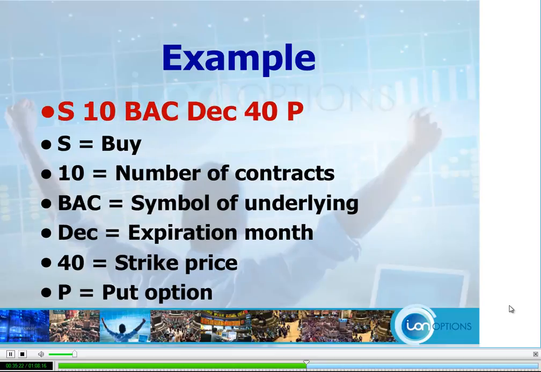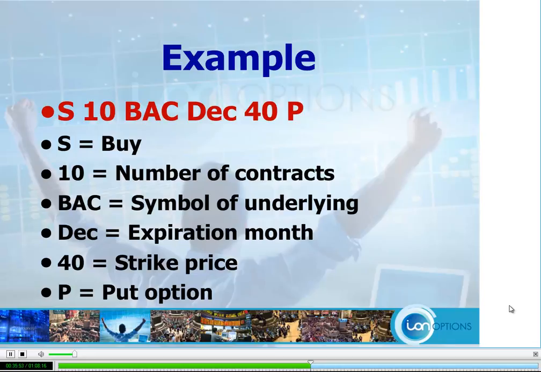Another example. Sell 10, BAC, Dec 40 puts. I don't know why it says buy there, but that S means sell, S for sell. Whoever typed this up was typing too fast. S for sell. I'm a seller, not a buyer. 10, number of contracts.